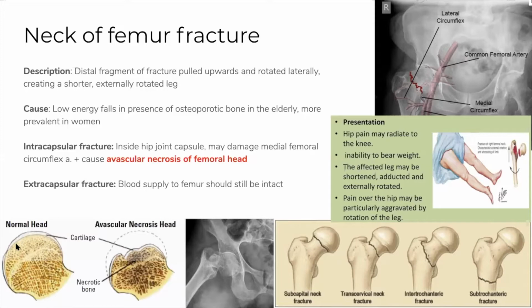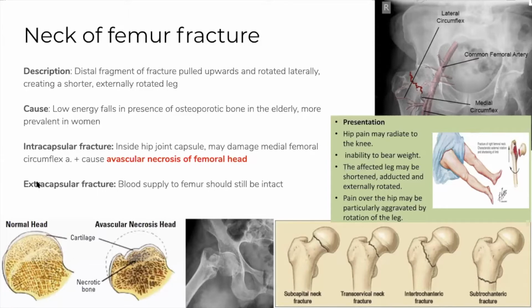What can happen when these arteries are broken is avascular necrosis of the femoral head, where necrotic bone forms, the femoral head dies and shrinks. This happens because there's no other blood supply that can go into this specific area and really compensate. So that can become a medical emergency.